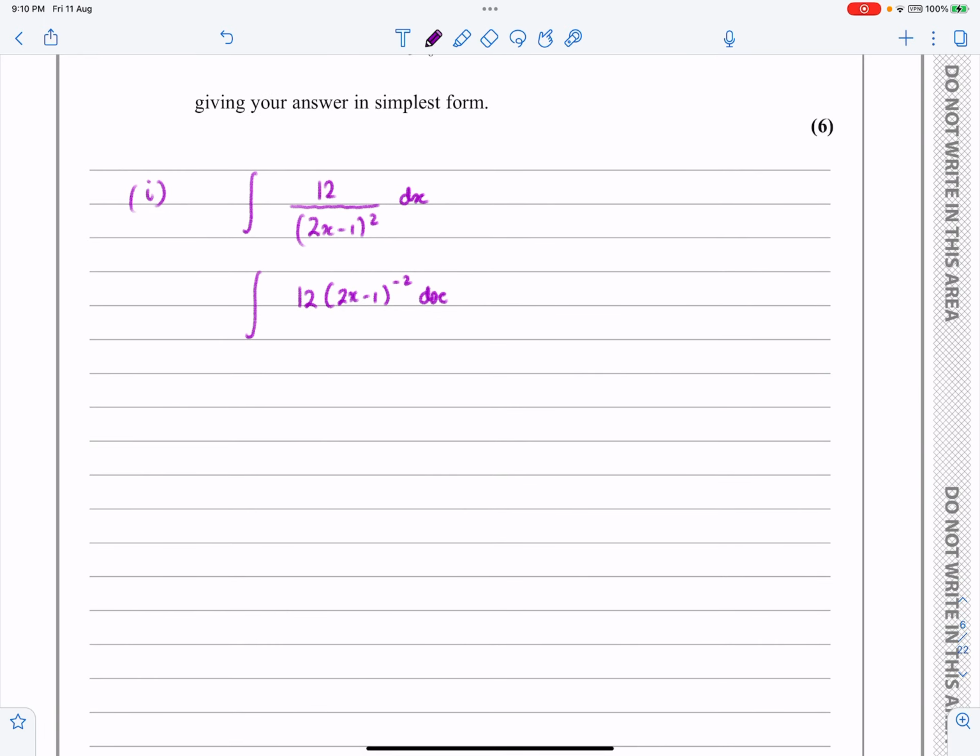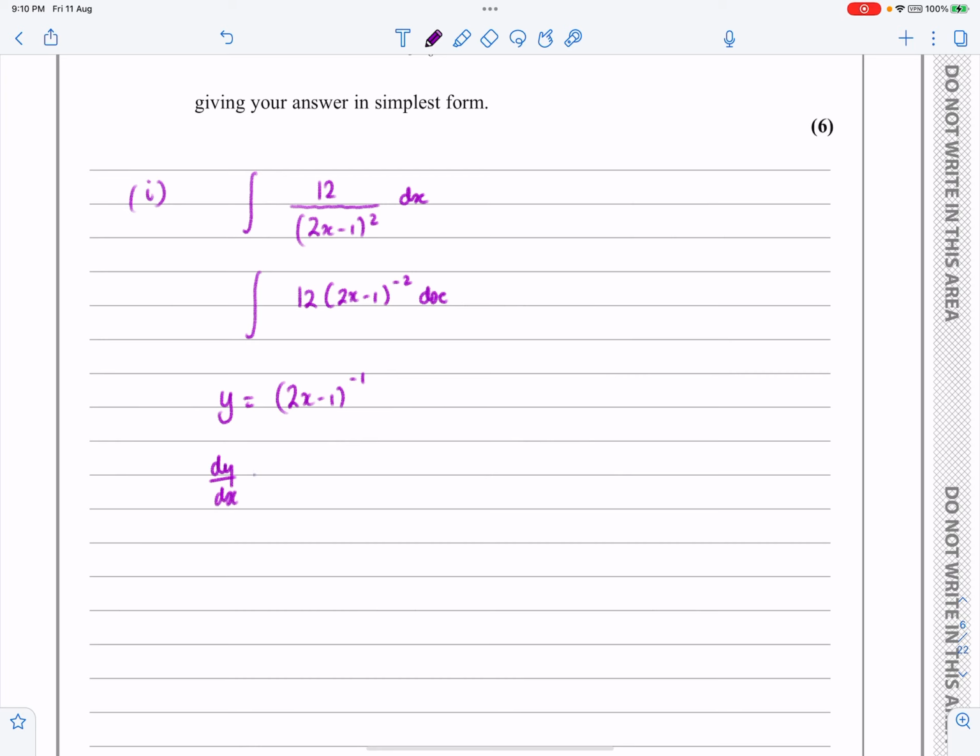Once I realize it is the reverse chain rule, I try and guess what I think the function is going to be that differentiated to make (2x minus 1) to the minus 2. Well, the only possibility for that is that I had (2x minus 1) to the minus 1. Let's go ahead and actually differentiate that.